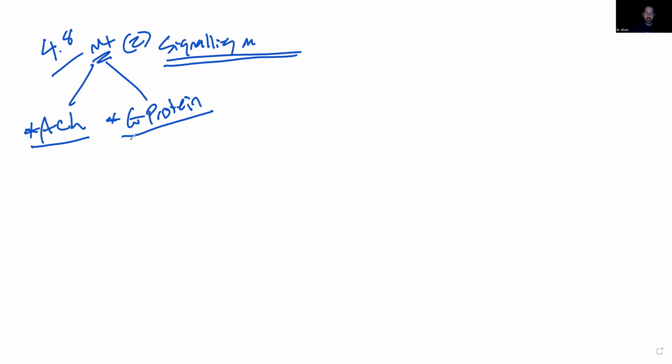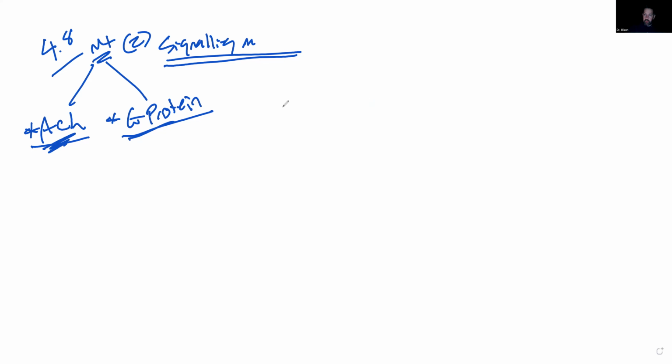We talked a lot about how acetylcholine was made in the presynaptic axon terminal, and how it was synthesized on a high level and then propagated the signal over to the postsynaptic neuron. G proteins are a little bit different. They're extremely high yield as well.